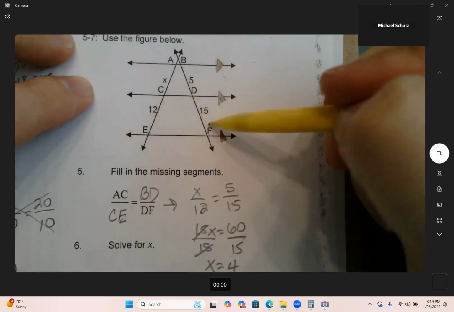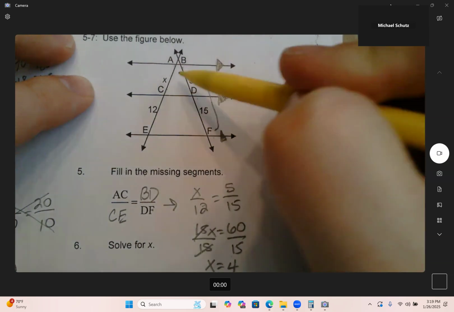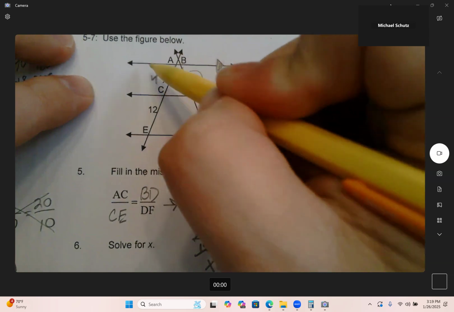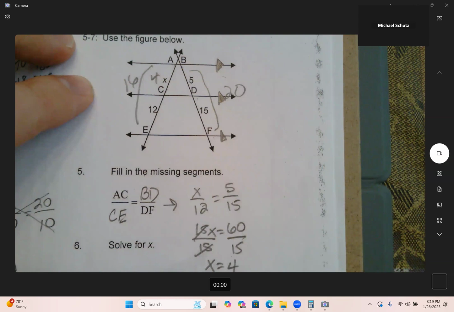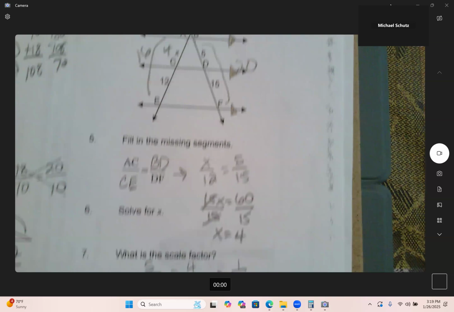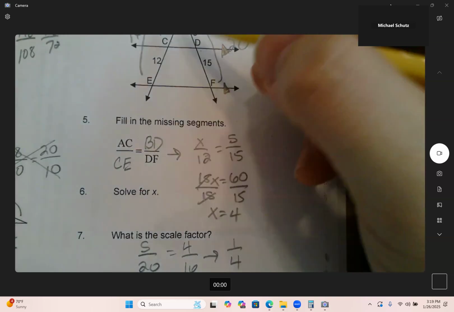This is 5, and the whole thing is 20. We already said this is 4, so the whole thing is 16. So you could also do 4 over 16. So the scale factor is 1 to 4 for the figure.